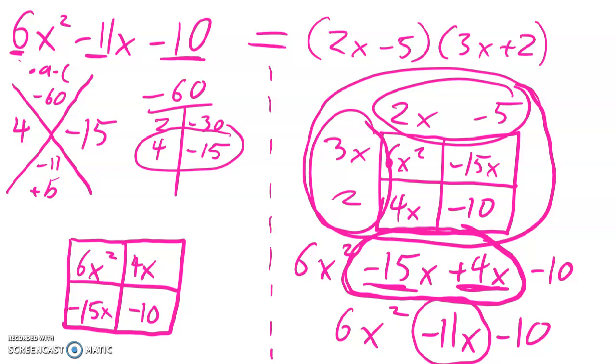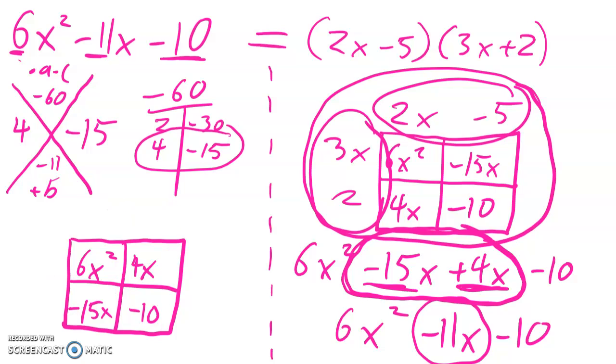And now the tricky part is, remember when I multiplied my box, I multiplied into each single box. But here I have to use greatest common factors to pull out every greatest common factor in every column and every row.